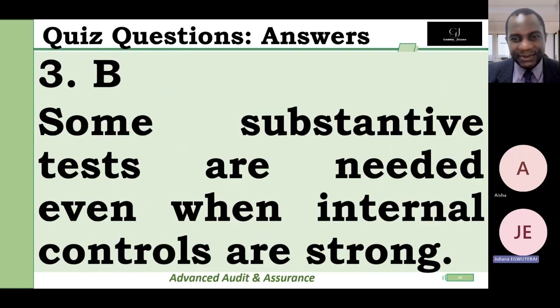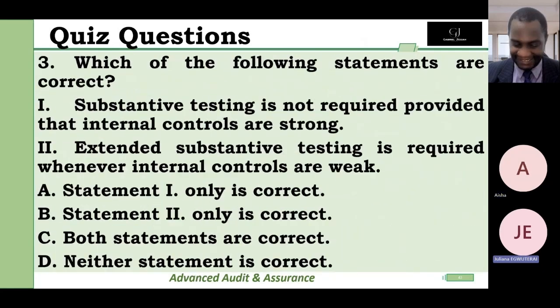Number 3, a giveaway. Both of them gave it away for me. What was the answer? A picked A, then J picked C: even when internal controls are strong. I wanted to pick that. Let's go back to it. It's not required, provided that when internal controls are strong, sometimes testing is not required.